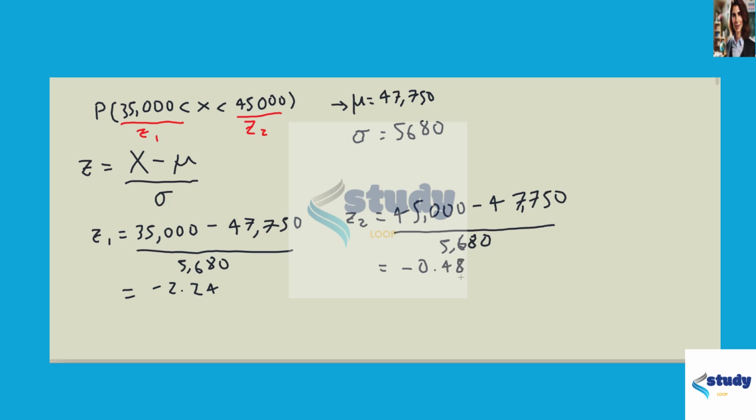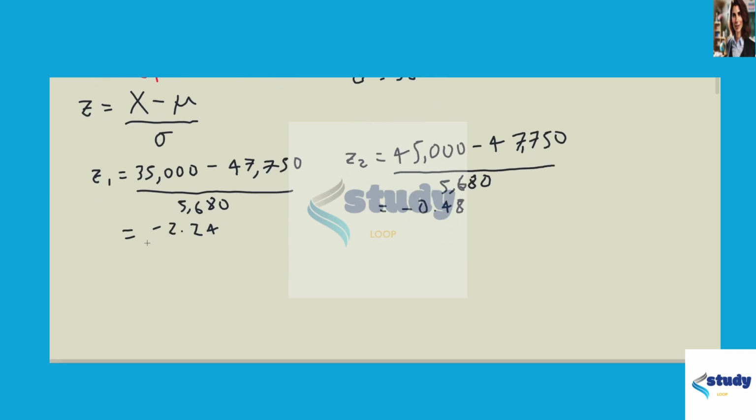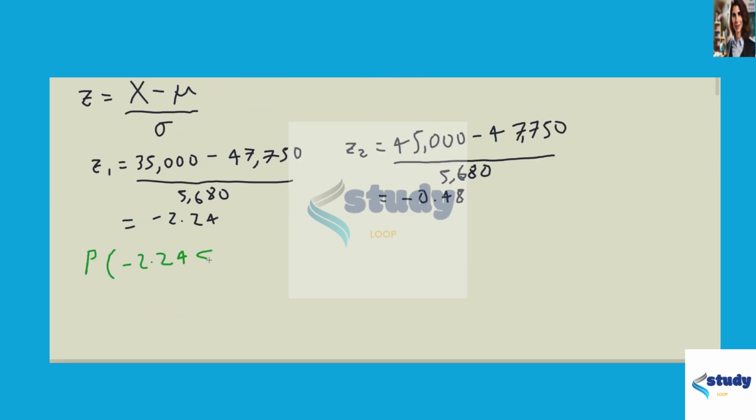Now that we have this, we can rewrite the original expression as the probability that negative 2.24, which is the Z value for 35,000, is less than Z, which is less than negative 0.48.